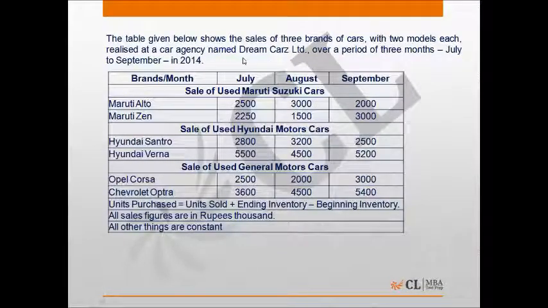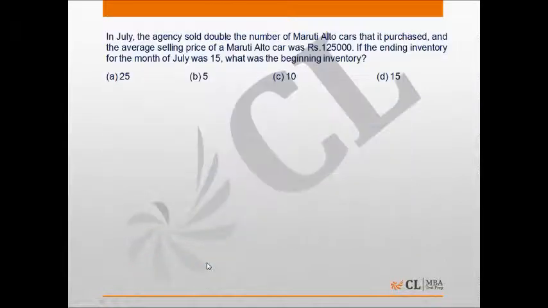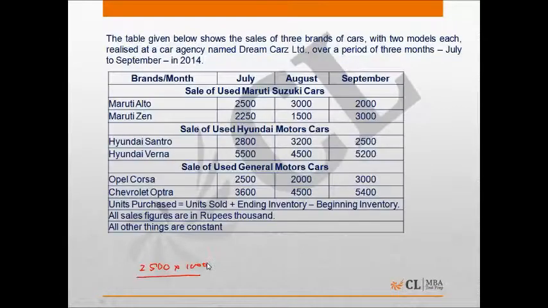The total sales of Maruti Alto in the month of July was 2,500 into 1,000, and the selling price of each car is given as 1,25,000.